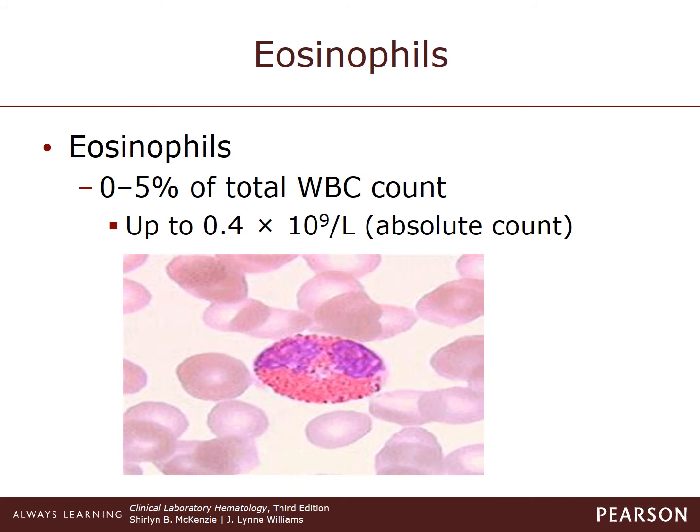Eosinophils are also under the granulocyte umbrella and compose about 0 to 5% of the total white cell count, leading to 0.4 times 10 to the 9 per liter absolute count.